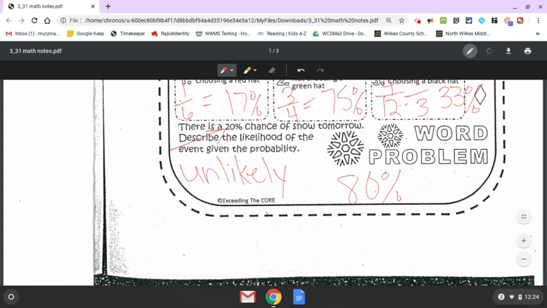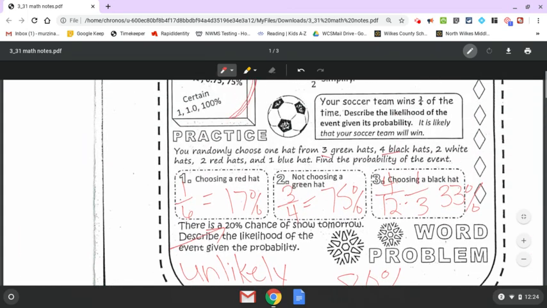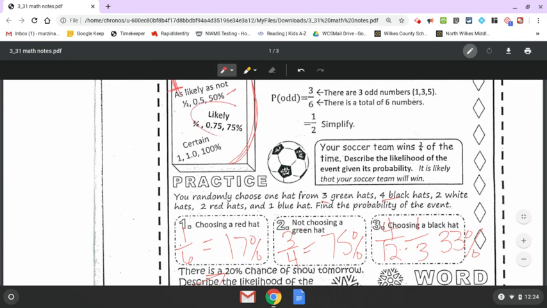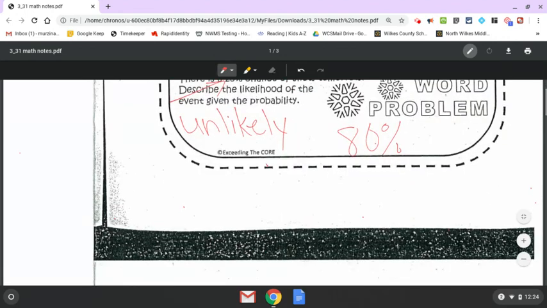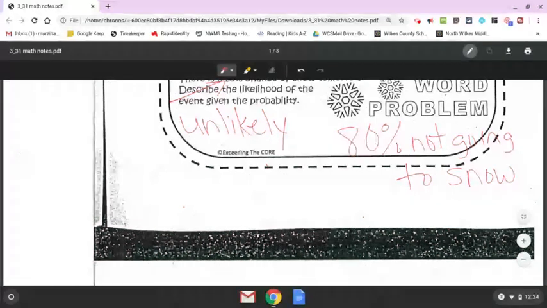So 80% chance means that it's likely because it's in between 50 and 100. So it's more likely that it's not going to snow. I hope that's not very confusing, but there's always two sides to the story. And I would say this is more the case. It's more likely to not snow than it is to snow.